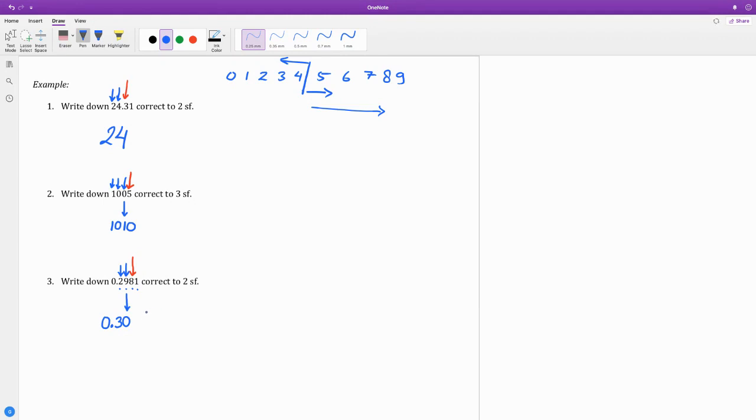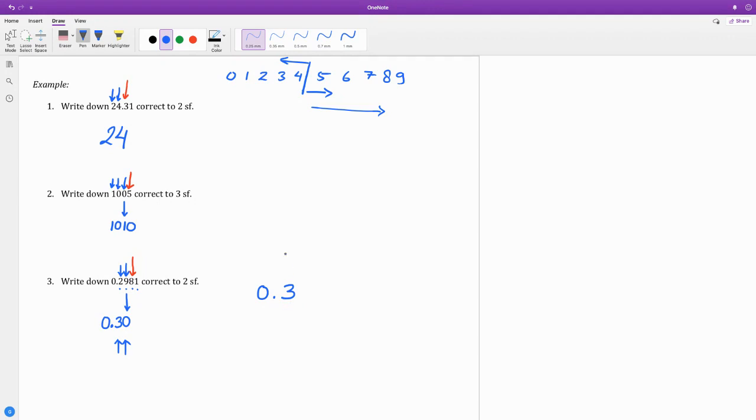Okay? Therefore, the answer is 0.30. We have 2 significant figures. But then, why don't we write it as 0.3? If we write 0.3, well, we can say 0.30 is equal to 0.3.